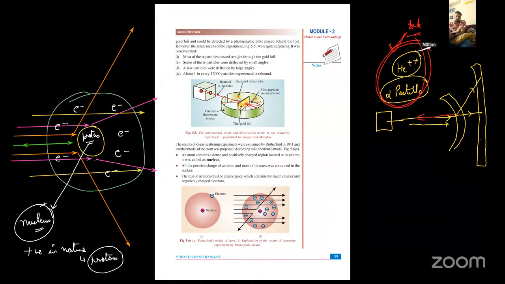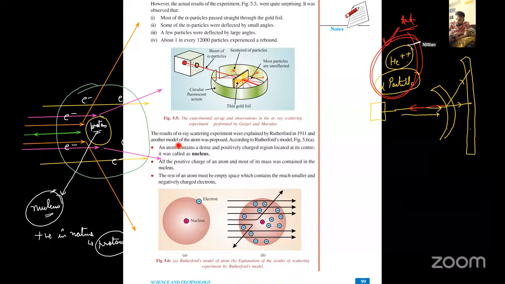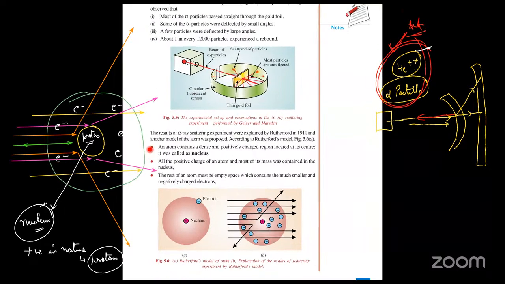I hope you understood the concept of how Rutherford did the experiment and how he discovered the nucleus and the protons, and where the protons are positioned. Understood, Joshua? Okay, so I urge Joshua to please read this. An atom contains a dense and positively charged region located at its center. It was called the nucleus.